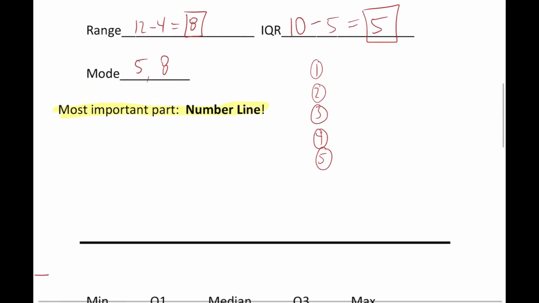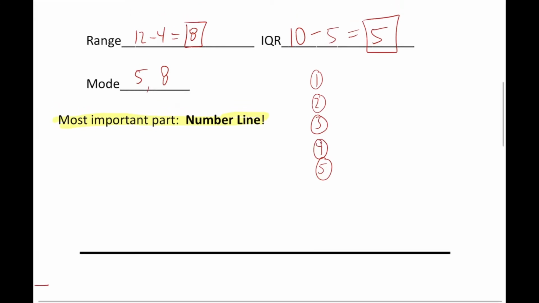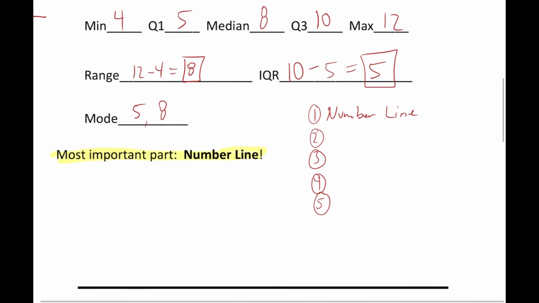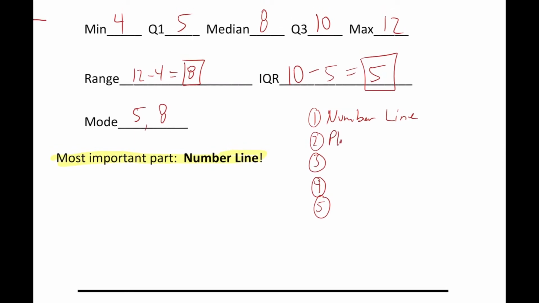All right, so there's 5 steps in order to create my box plot. My first step is my number line, which is the most important step. Once I've made my number line, then I'm going to plot my 5-number summary. Once I've plotted my 5-number summary, then I'm going to mark my medians.